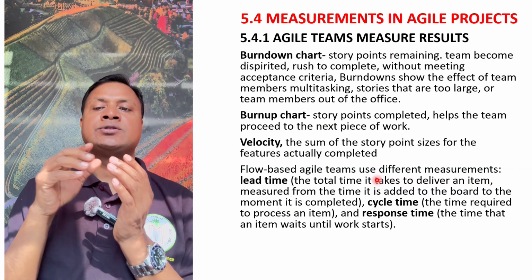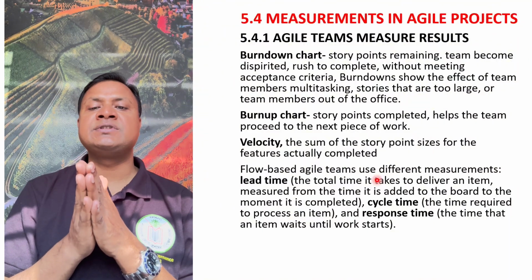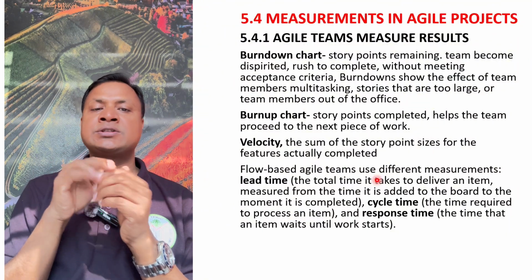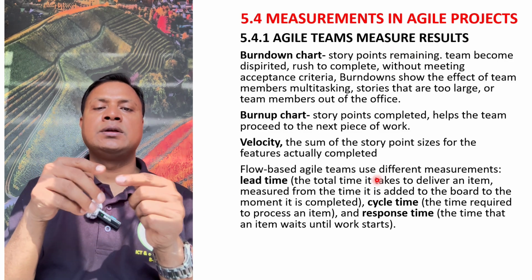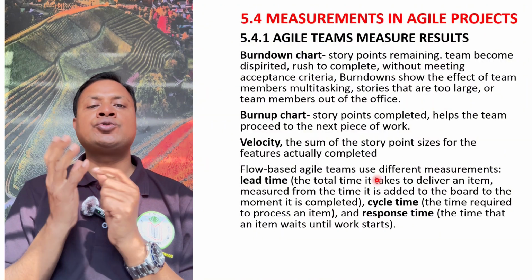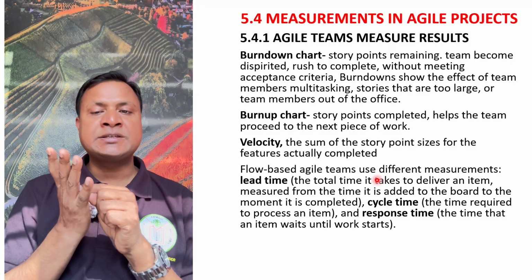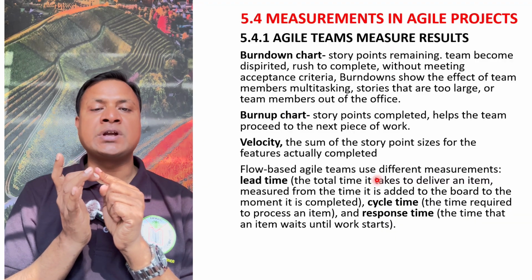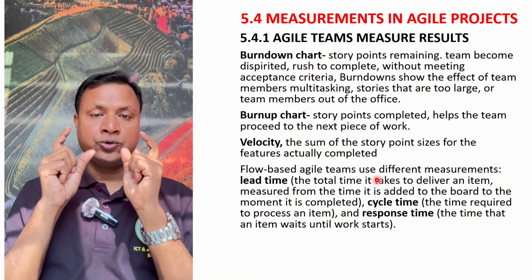And response time means the item is waiting to go for work, still not started, waiting in the queue. So we should understand lead time, cycle time, response time, velocity, burn up chart and burn down chart to measure the agile approach. Can you get me?